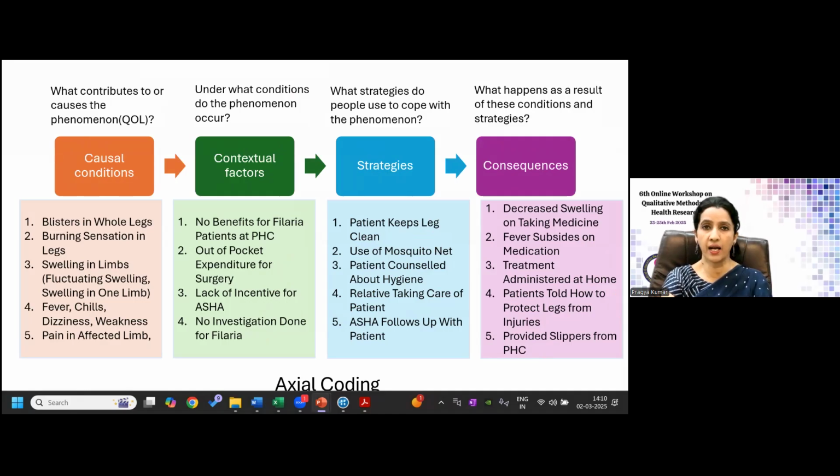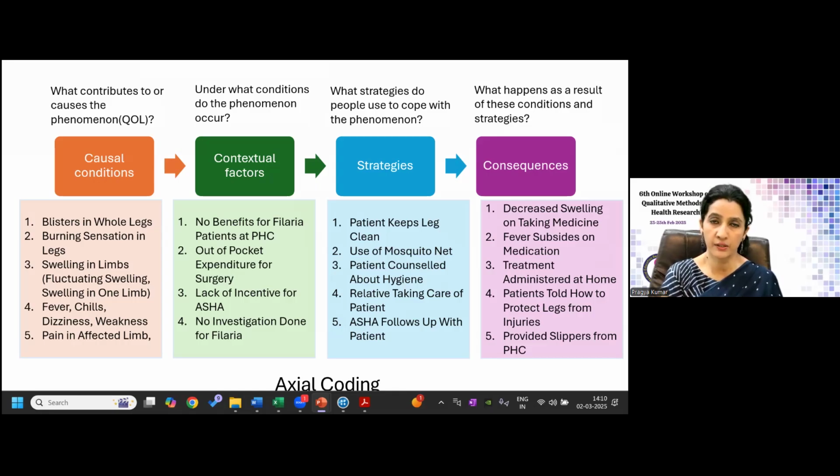In fact, the first one was focused coding. Focused coding is when you start inductively and merge the similar-looking codes, making categories from the codes. Then you make the axial code. Axial coding is when you try to find the relationship between the categories, and these relationships are defined under four headings.